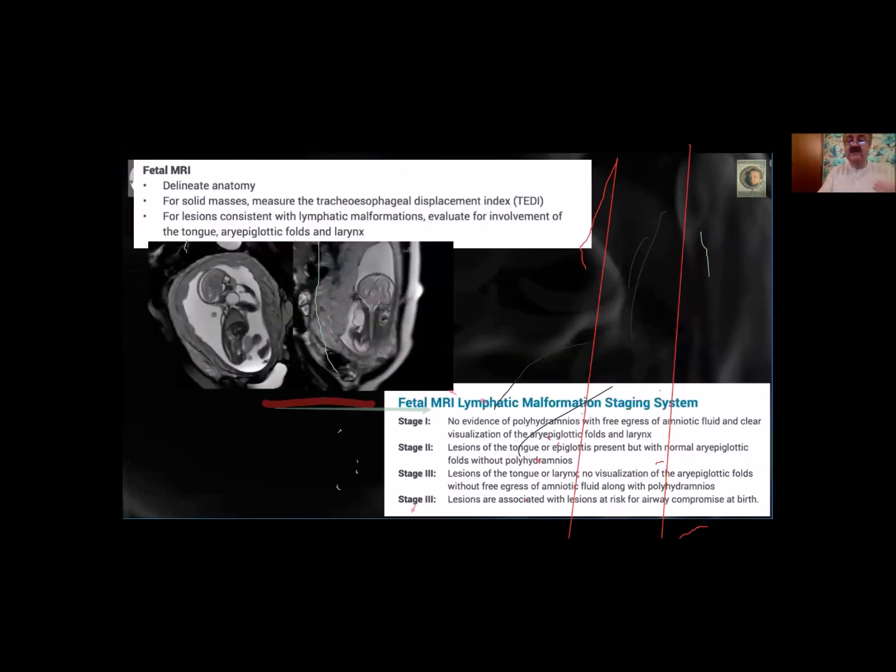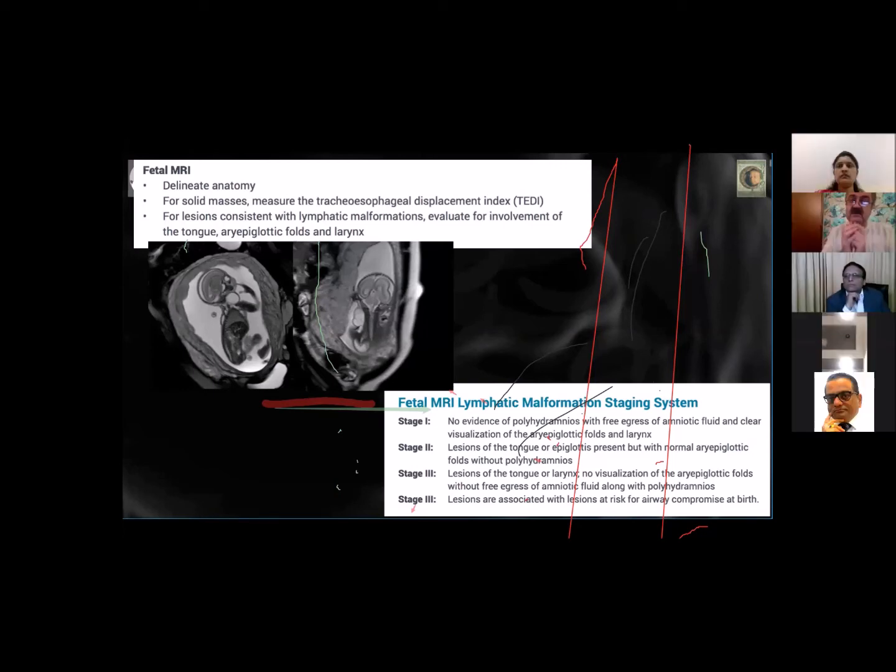And then we now say that for neck masses, we always ask for an MRI, but later in pregnancy, closer to term. And we don't do it immediately, because it's for deciding which fetus will require intubation before it is born, which means that you do a hysterectomy, do the intubation, and then the fetus gets delivered so it doesn't asphyxiate. And then, because it has a placental supply, you can take your own sweet time to intubate, but the guide to intubation will depend not on ultrasound, but on an MRI.